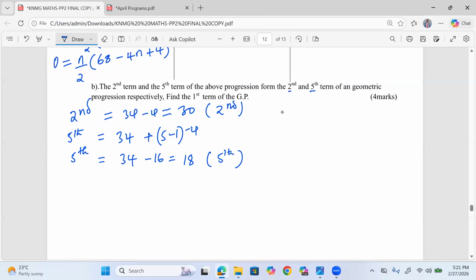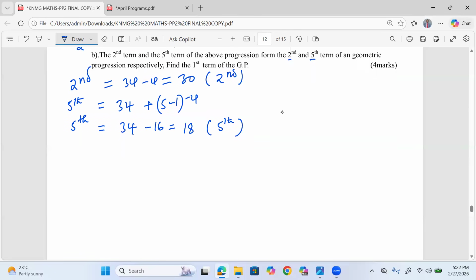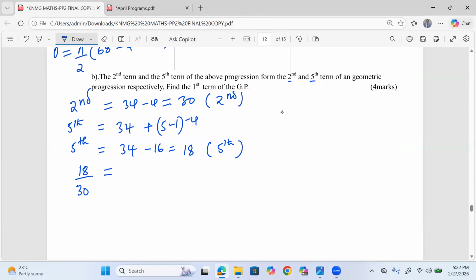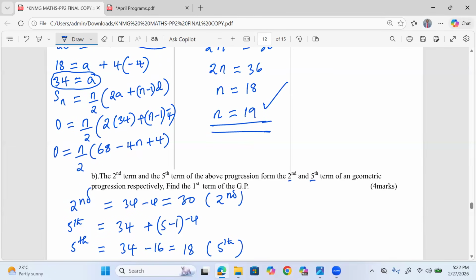You know what a GP means? A geometric progression, whereby from one term to the next, we have a common ratio. Therefore, now we are supposed to talk about the ratio of the second and the fifth. When we take the fifth number, which is 18, and we divide by the second number, which is 30, we are supposed to get the nth term in GPs.